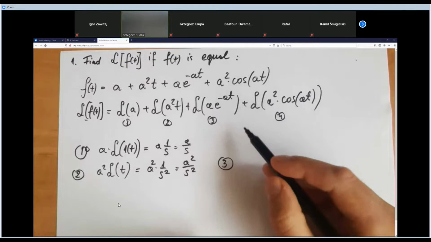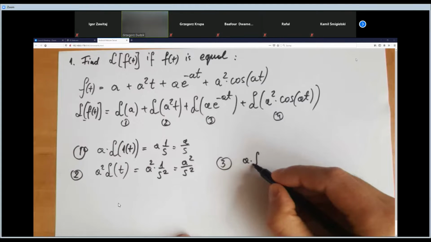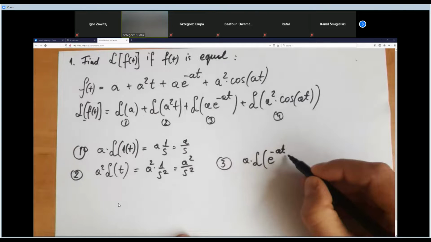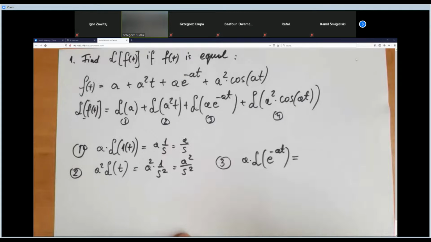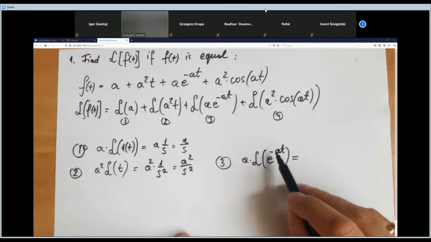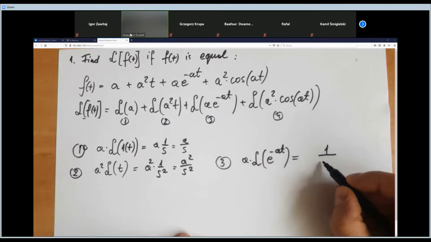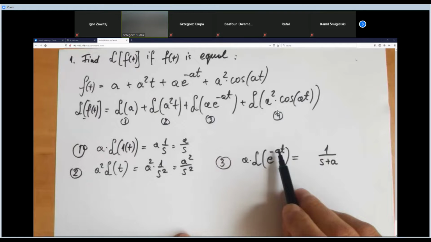Next, the next component is a times the Laplace transform of the e to the minus at function. Again, if you take a look at the table, you will see that the Laplace transform of the exponential function e to the minus at, where a is also a constant, is equal to 1 over s plus a.